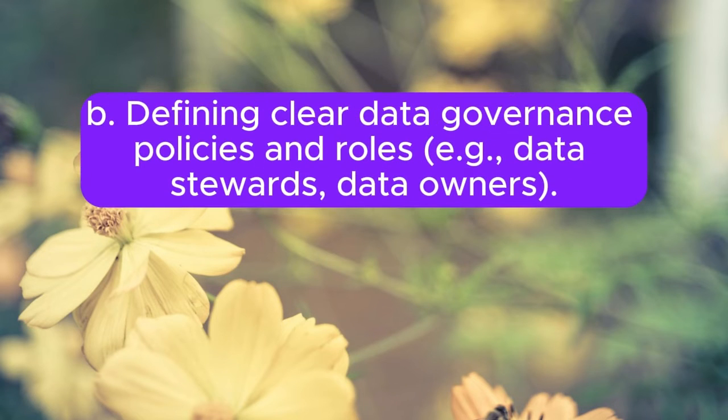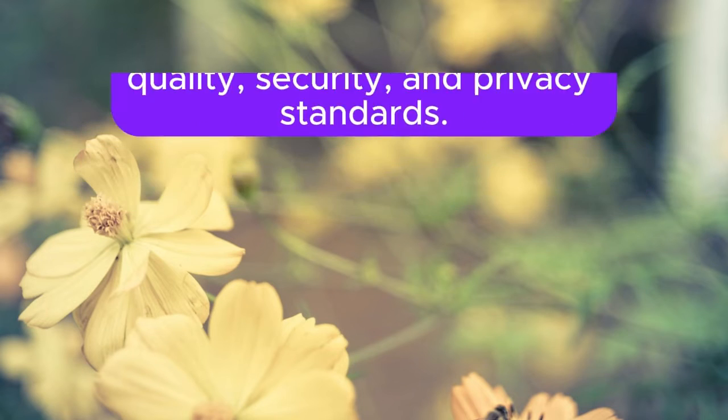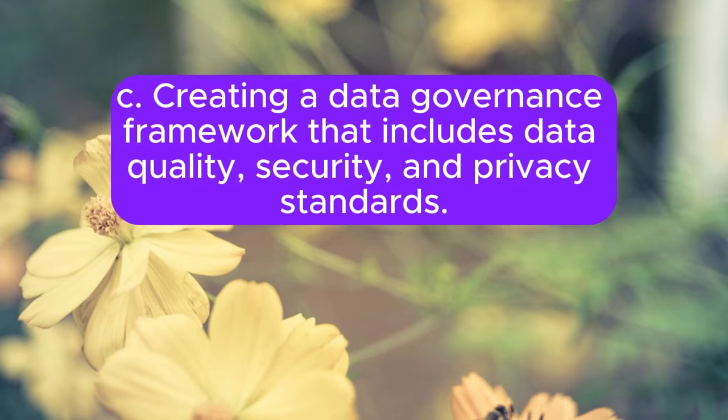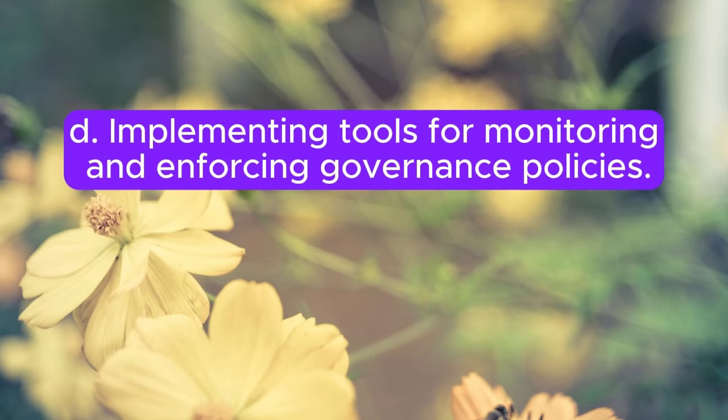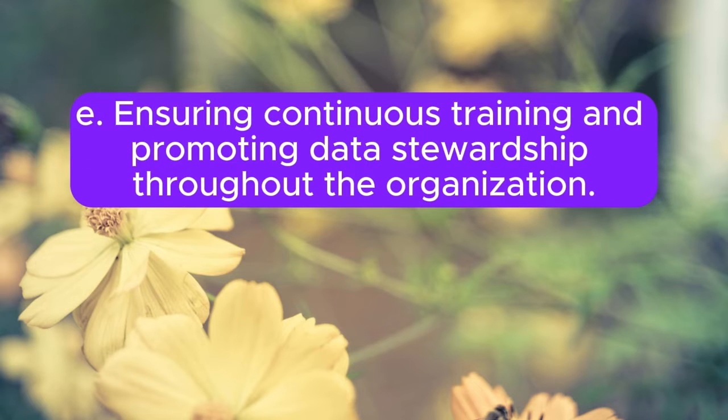B. Defining clear data governance policies and roles, for example, data stewards, data owners. C. Creating a data governance framework that includes data quality, security, and privacy standards. D. Implementing tools for monitoring and enforcing governance policies. E. Ensuring continuous training and promoting data stewardship throughout the organization.